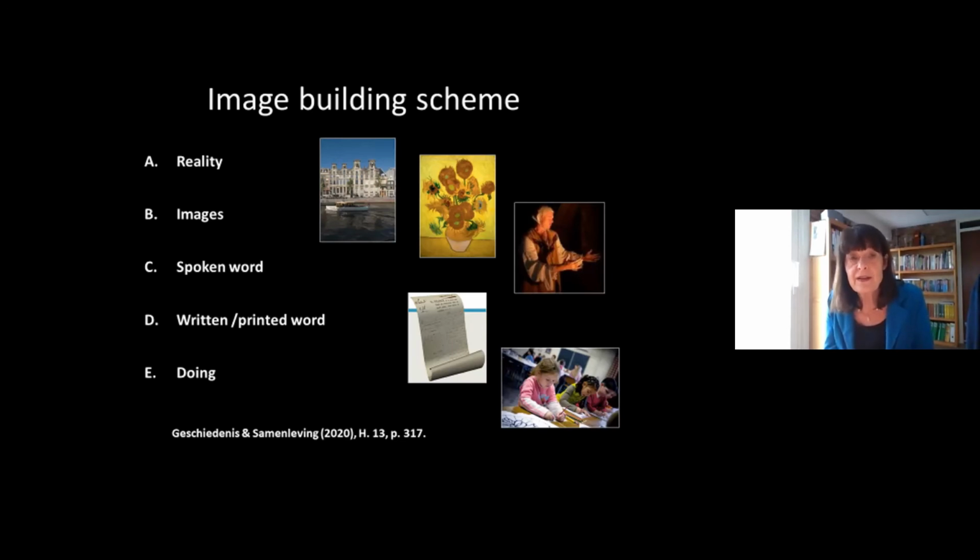You can use different materials to support pupils in their development of this image building. And this is a scheme that starts from reality and goes to doing. It starts with the tangible, concrete image builders and moves to the more imaginary image builders. That's based on the developmental psychology of Bruner and Galperin, who describe different learning actions or representations that also go from very concrete to more abstract.